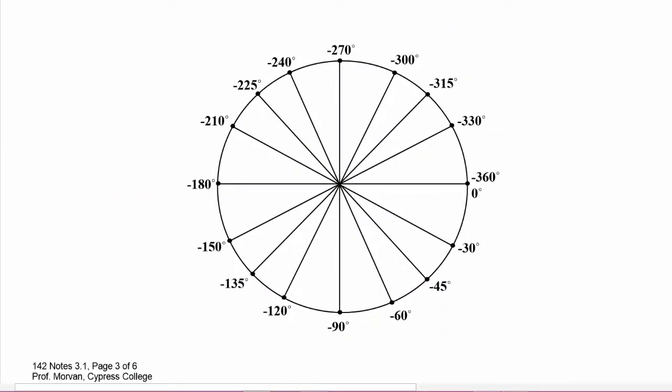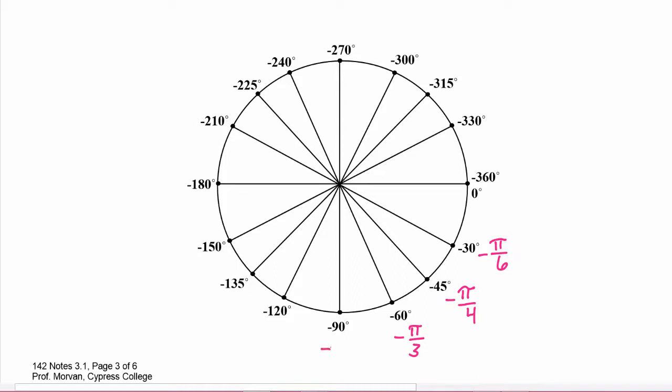Now, using all the positive angles that we just figured out, we can go ahead and just fill in the circle going in the negative direction. So we know negative 30 is going to be negative pi over 6. Negative 45 will be negative pi over 4. Negative 60 is negative pi over 3.